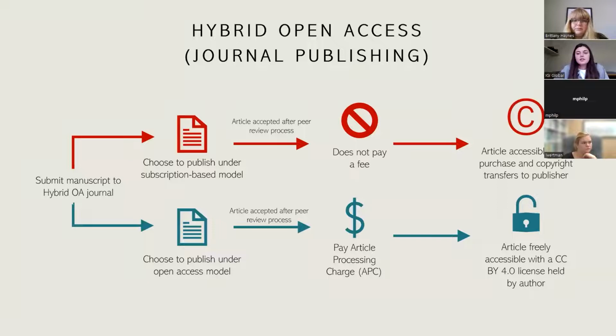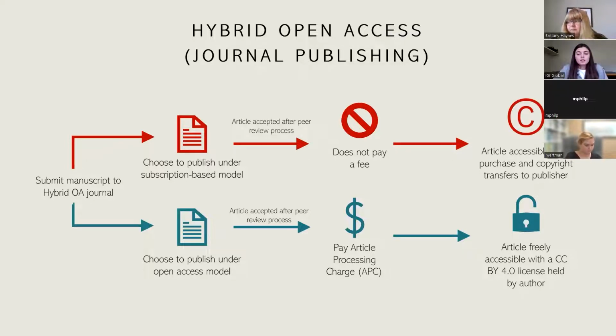In the next two slides here, we'll break down more of what hybrid versus open access is. Via the hybrid open access model, authors choose to publish either standard or open access, as stated before. If choosing to publish under the subscription-based model, the article is accepted following the peer review process and does not have to pay the processing charge.